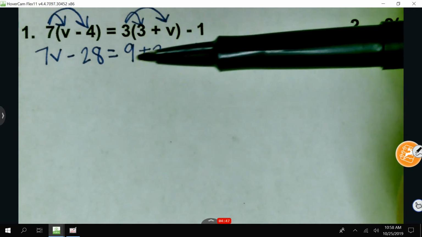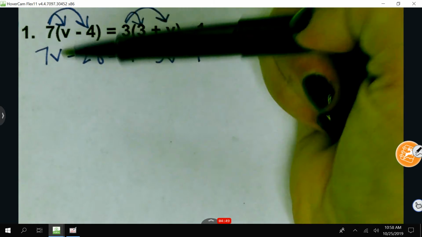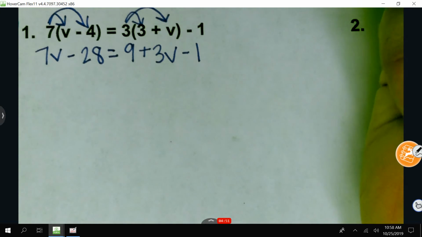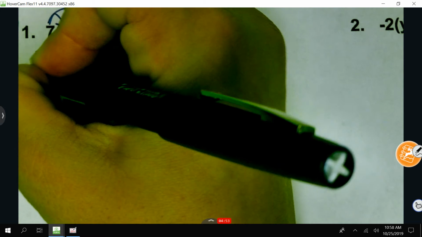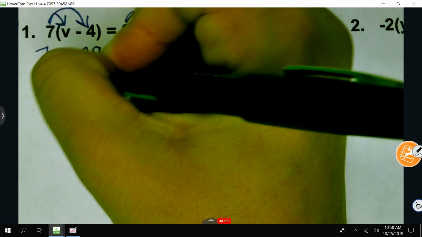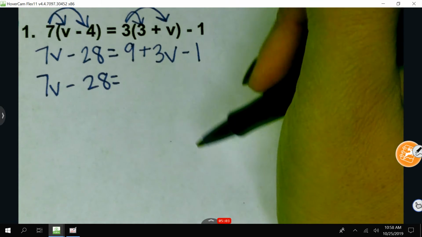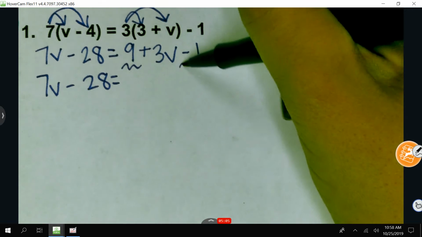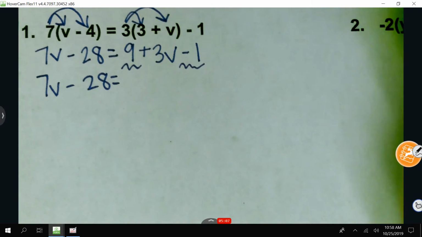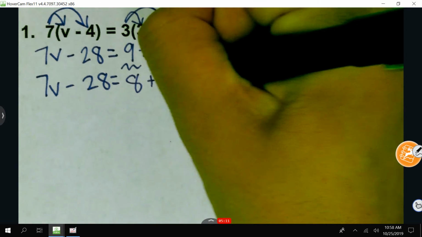Combine like terms on each side. On the left-hand side, can I combine like terms? No, so I'm just going to bring it down. Can't do anything to that yet. Can I combine like terms on the right? Yes. What are they? 9 and minus 1. So what is 9 minus 1? 8. So that leaves me with 8 plus 3v.